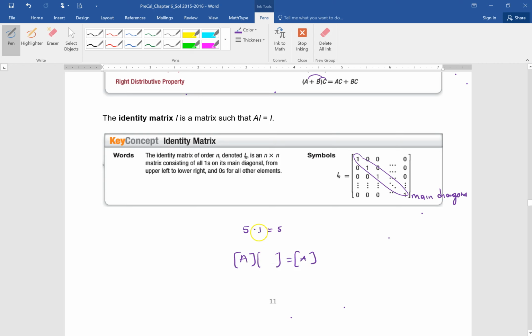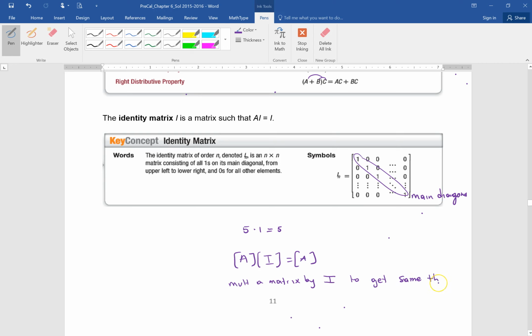Well, here if you multiply a number by 1 to get the same thing back, in the world of matrices, you multiply by the identity matrix to get the same thing back. Okay? So, multiply a matrix by I to get the same thing back.